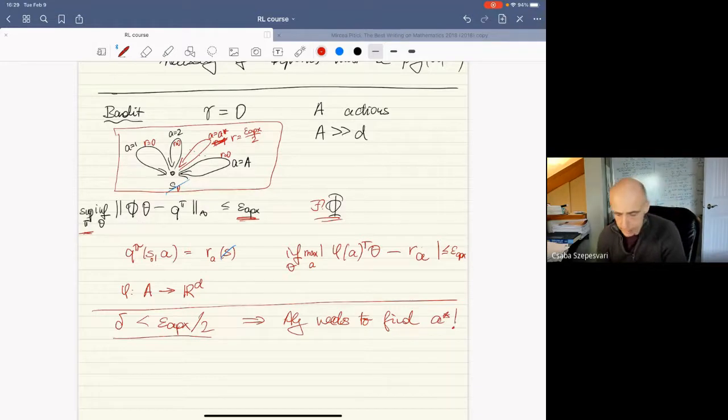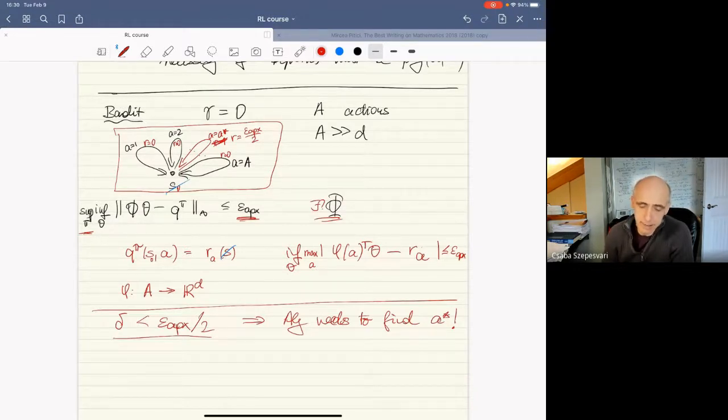But how can an algorithm find a star? What can an algorithm do? Well, this is the needle in a haystack problem from homework 0, right? The algorithm can query all the actions and get the reward for the actions that are queried. For whatever action it hasn't queried, it has no idea whether its reward is going to be 0 or non-zero.